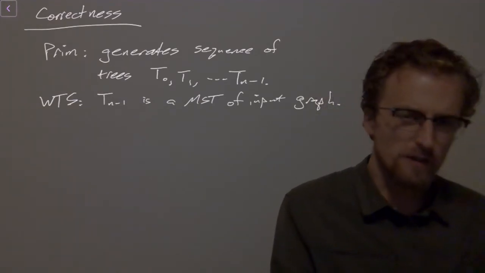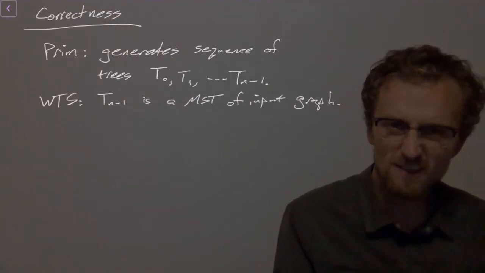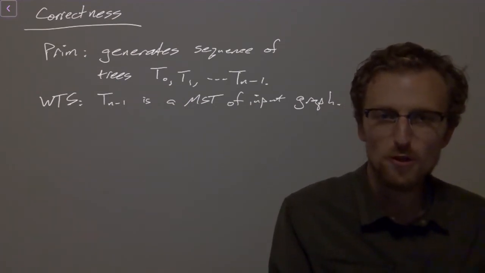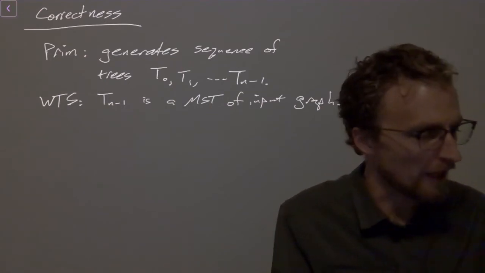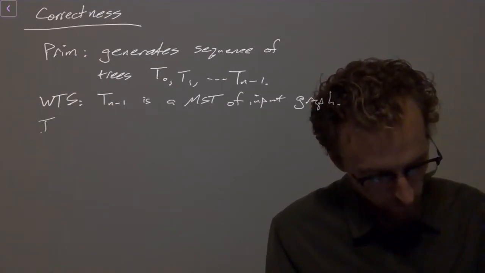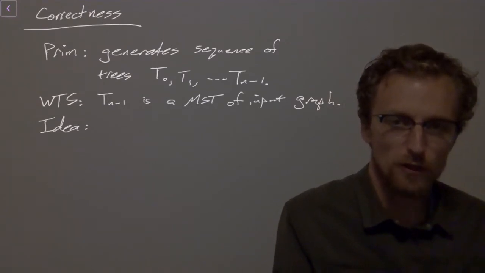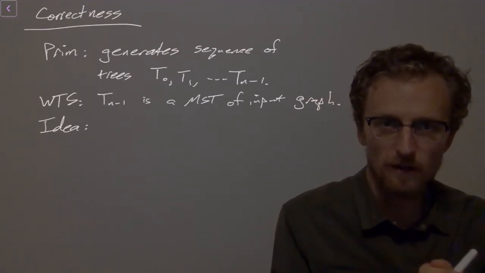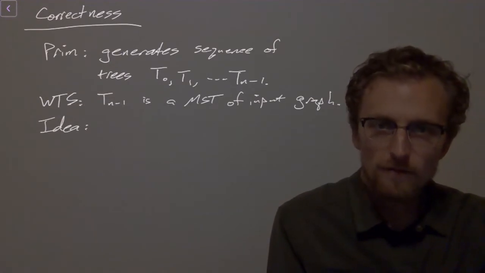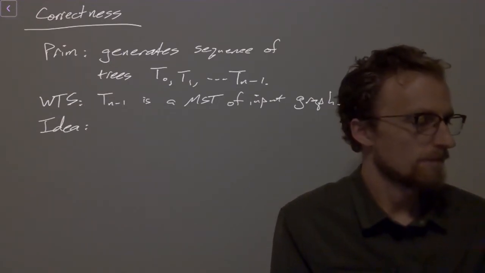Okay, so here's one way we can go about this. This doesn't feel like it's enough, but most good proofs don't until you put them all together. So here's the idea. Let's show that at every step, the tree we have sitting there is a subgraph of some MST.